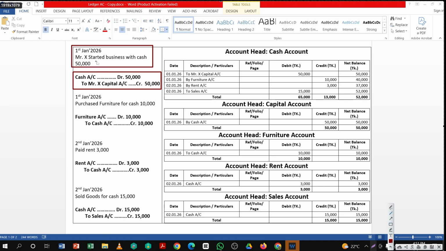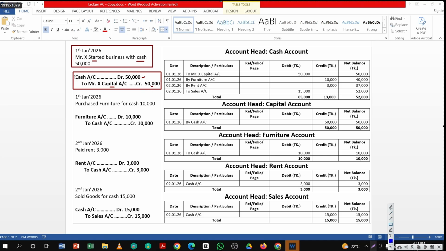Because Mr. X started business with cash, here cash is increased, so cash account debit 50,000 taka, and capital is increased, that is liability of the company to Mr. X, so capital account credit 50,000 taka.